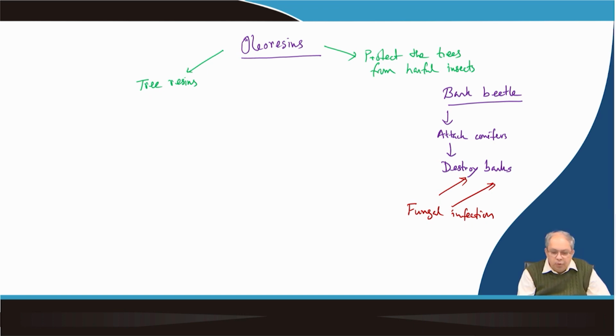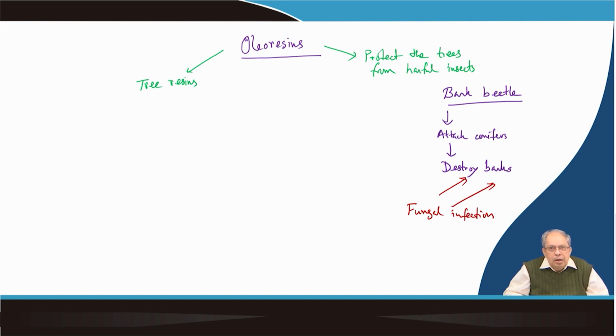In order to protect themselves from these, the conifer trees synthesize and secrete oleoresins. Oleoresins are synthesized within the cell, and then, as I said at the very beginning of this course, there will be resource allocation from vascularization towards the formation of traumatic resin ducts.